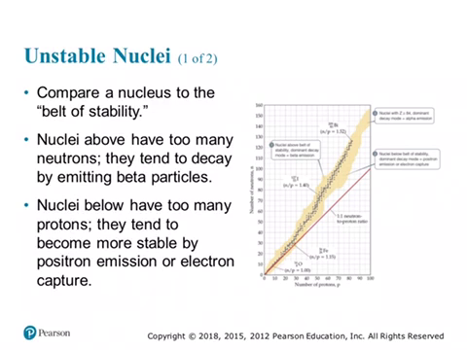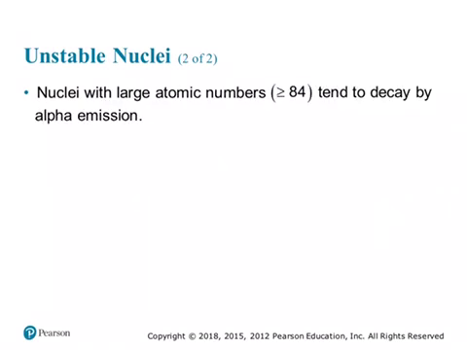Both will have the same net result because they have no mass. However, with electron capture, you're taking in the -1, and with positron emission, you're releasing the +1. So both will have the same effect on the atomic number. And then, as I said earlier, anything that has an atomic number greater than or equal to 84 is going to decay by alpha emission.